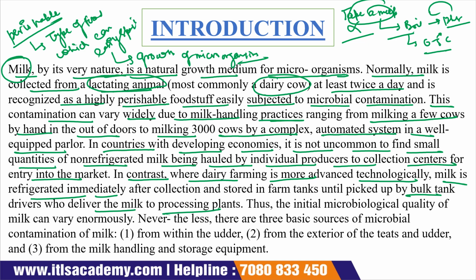Suppose milking is done; if we have advanced technology, we refrigerate it immediately after collection and store it in a farm tank until the bulk tank driver transfers it to the processing plant.